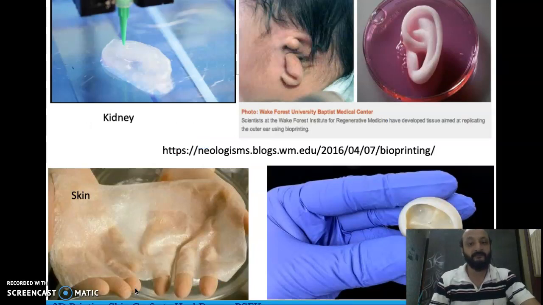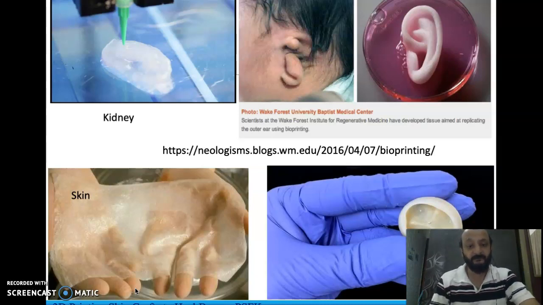These are some examples of bioprinted organs. The first one is the kidney, which you can see on the top left side. Here a person whose ear pinna is underdeveloped or not properly developed has a 3D printed ear pinna.